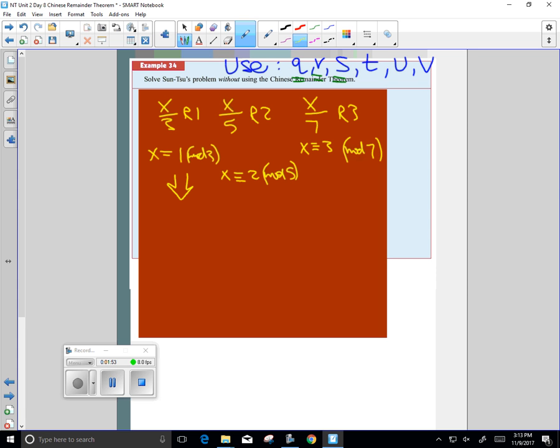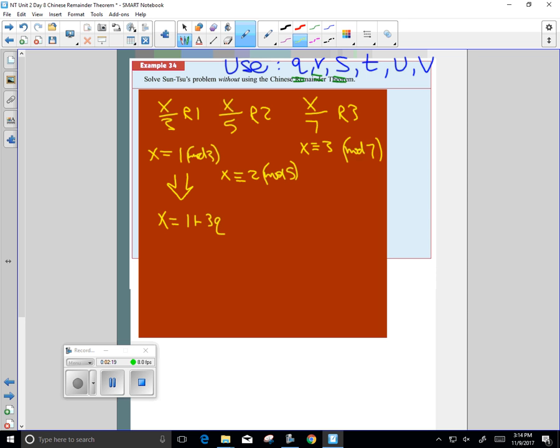So for this first one, the linear equation of it is going to be X is equal to 1 plus 3Q, because the remainder is 1 and we're dividing by 3. Right? So then this is where Q is an element of Z.